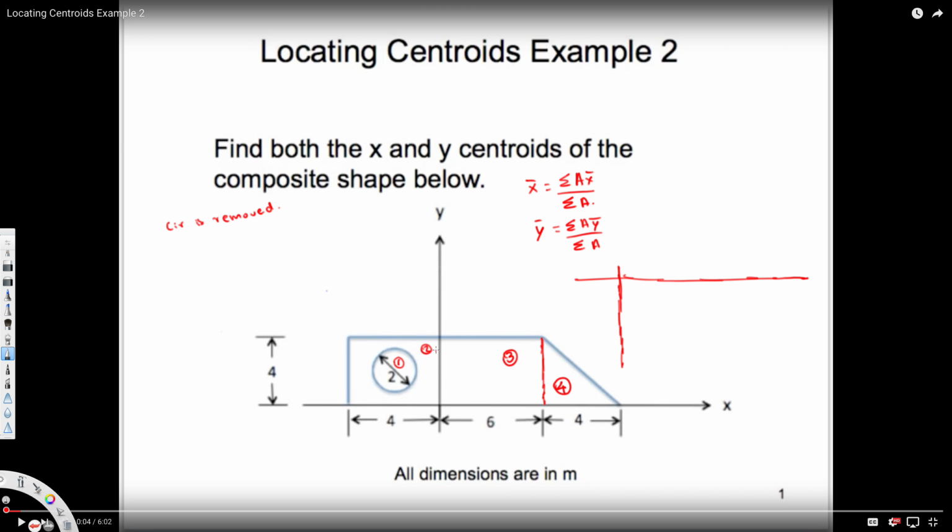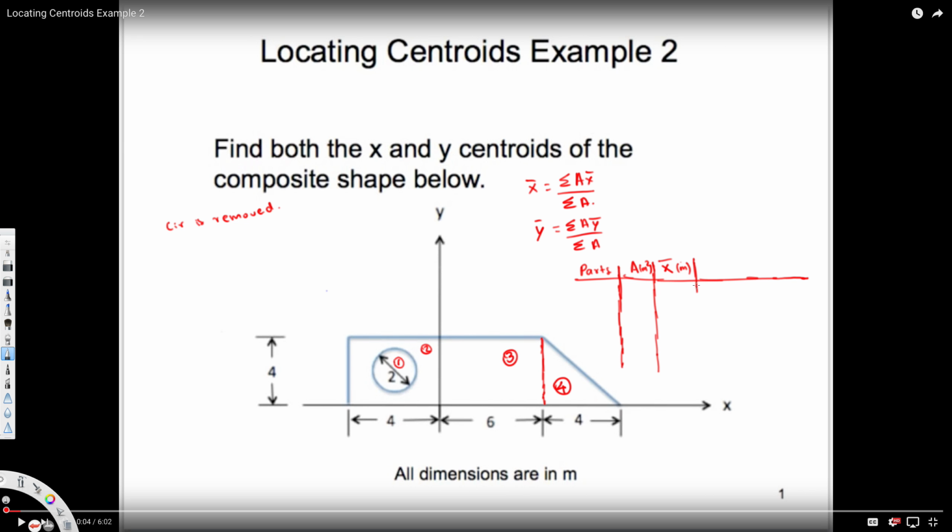The first column is going to be parts. So I have four parts or sections, whatever you want to call them. And this is my area. They are saying it's in meters, so the area is going to be meter square. And this is going to be my x bar, in meters, right?